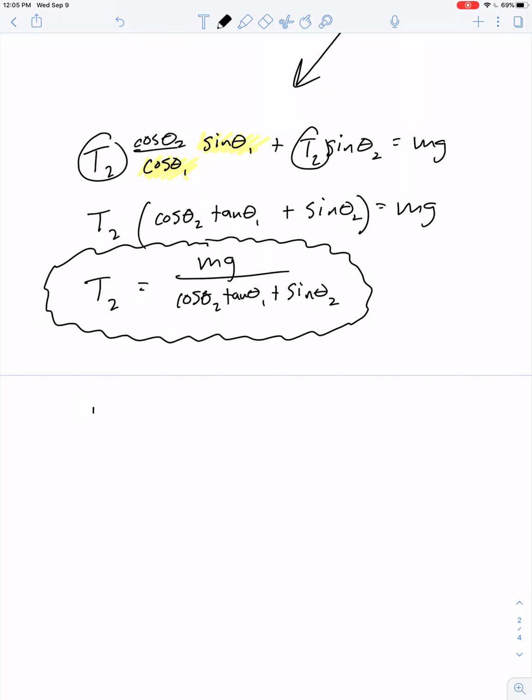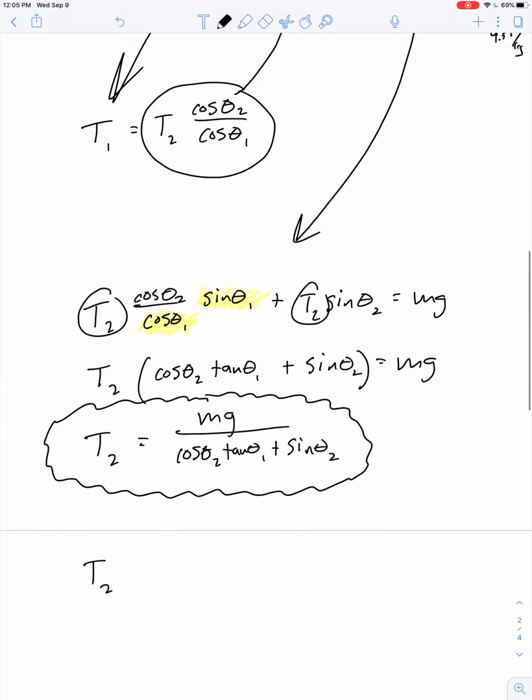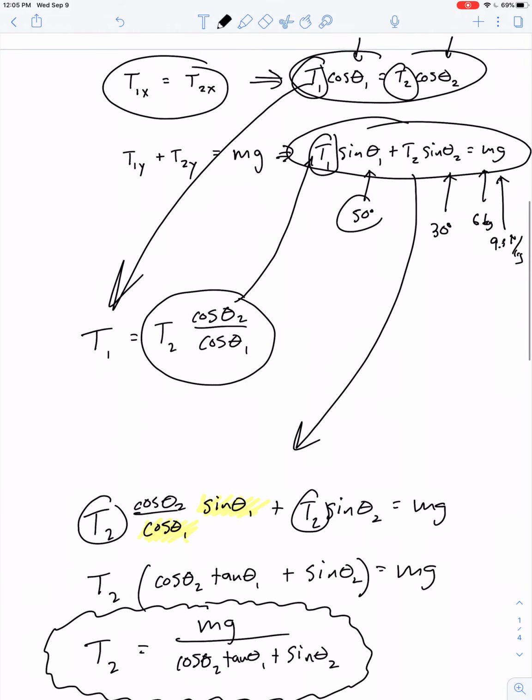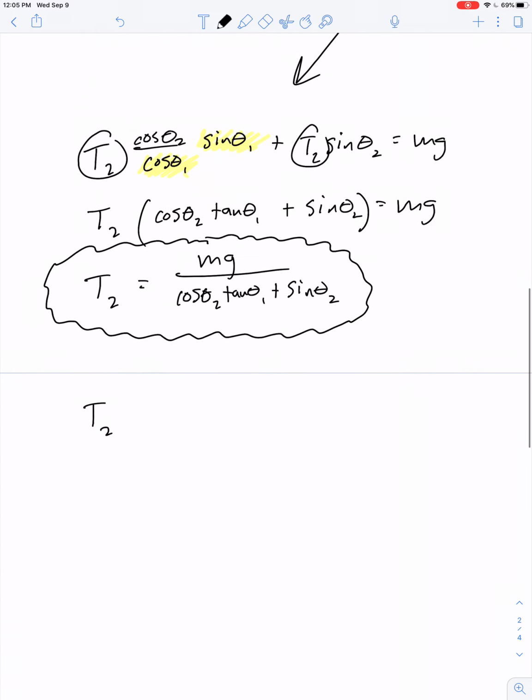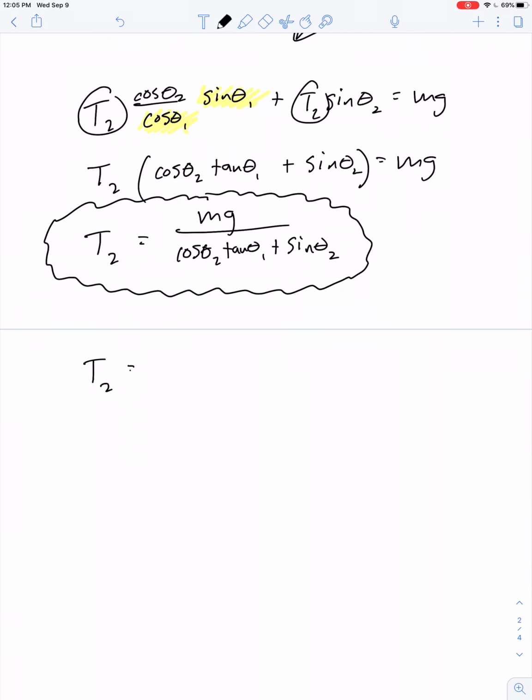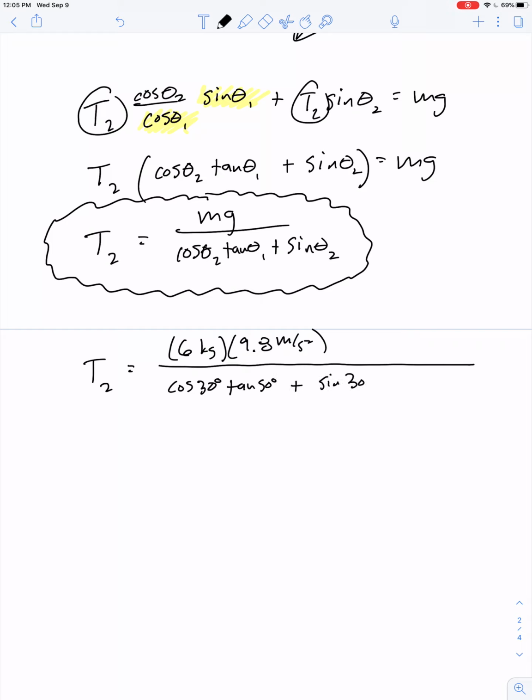And finally, we end up at a last step for plugging in numbers. It looked like we were ready to start plugging in numbers way back here, but really, hold off until the end. So T2 is equal to 6 kilograms times 9.8 meters per second squared divided by the cosine of 30 degrees multiplied by the tangent of 50 degrees added to the sine of 30 degrees.